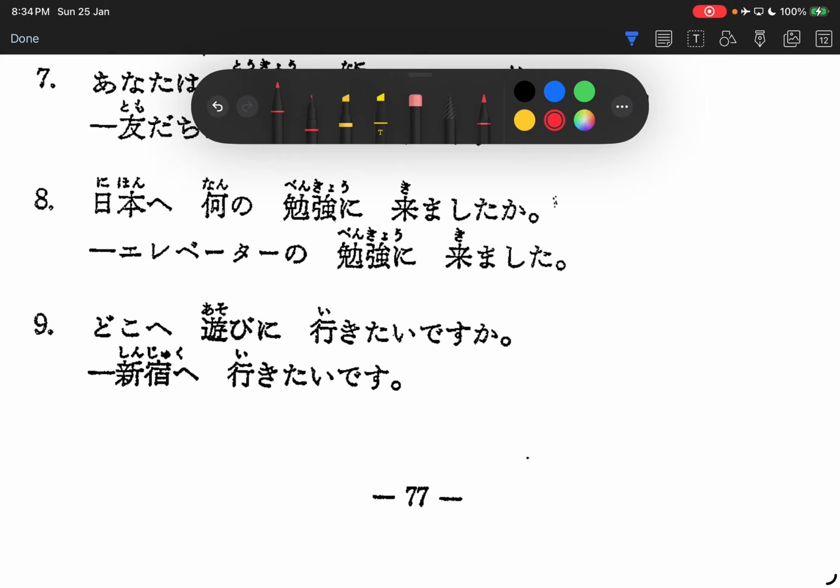For the purpose of studying elevator, I came. 为了读电梯而来. Any questions so far? Is it too fast or too complicated? I can repeat again. So far okay, the ni is very straightforward.